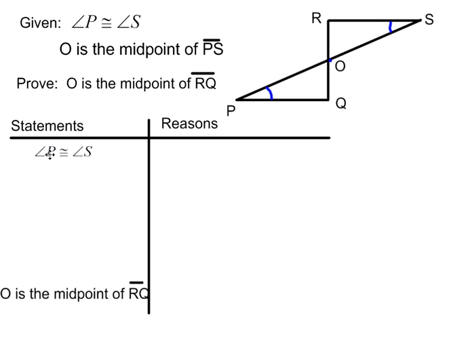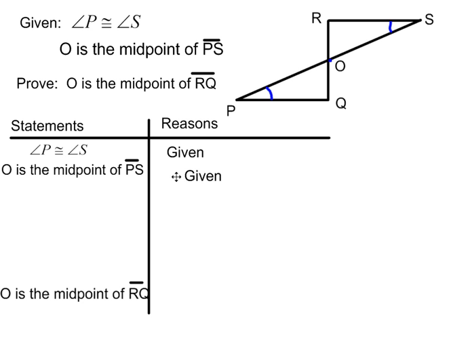So I'm going to write that angle P is congruent to angle S, and the reason for this is because it was given. Now, my next sentence, point O is the midpoint of PS, is not a direct instruction, but it was given to me, and I'm going to write it in the proof. So point O is the midpoint of segment PS, and again, the reason for this is because it was given.